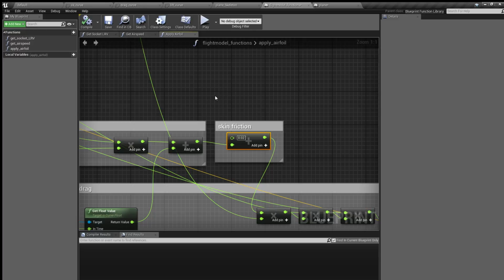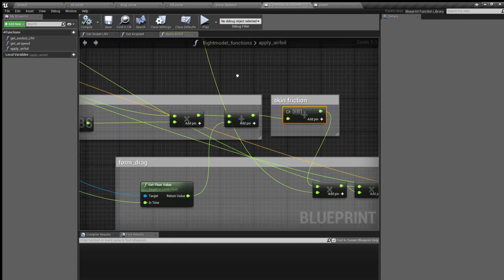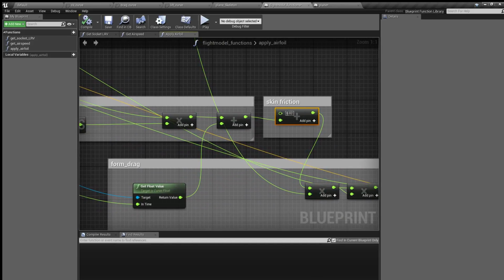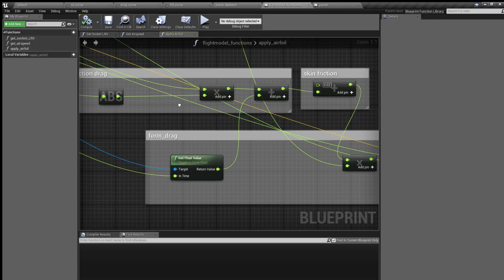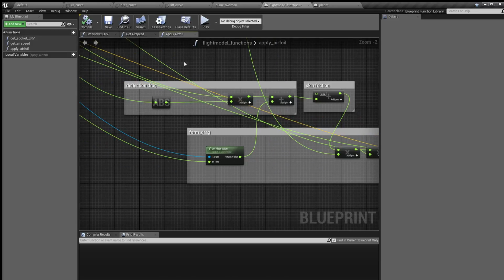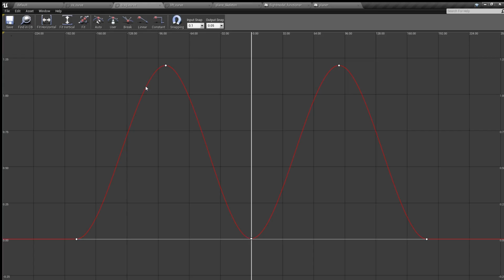Even for a serious simulator, I don't think even X-Plane calculates it properly. So I just added some simple fixed number that's approximation of skin friction that you would find on a modern airplane. If you were simulating something like World War I biplanes or something along those lines, this number would be higher. And finally we have form drag, which is this curve.